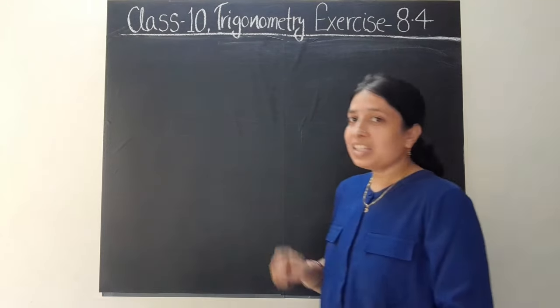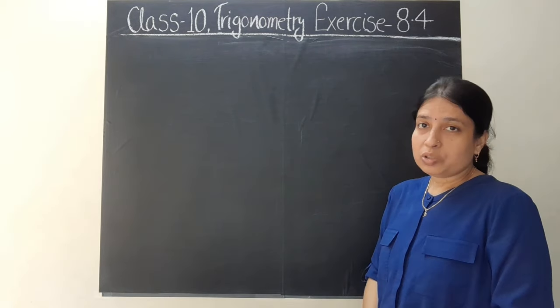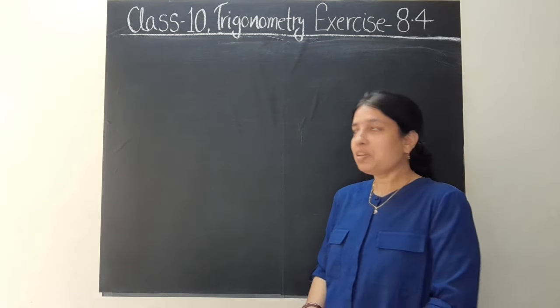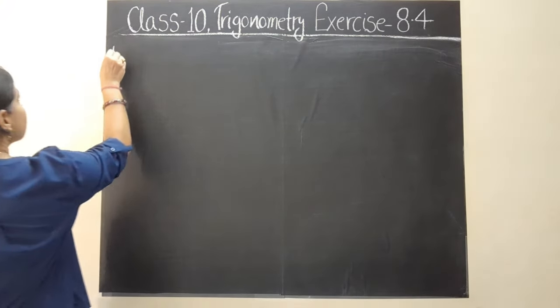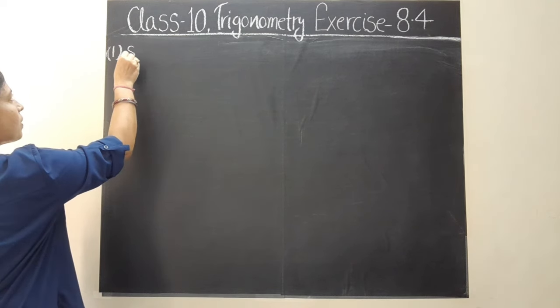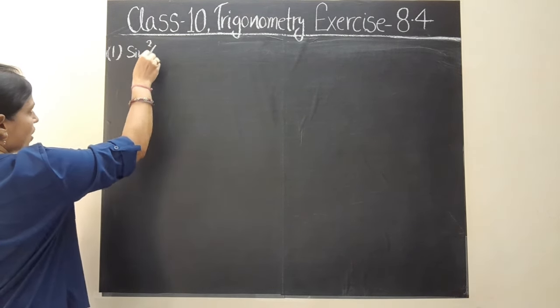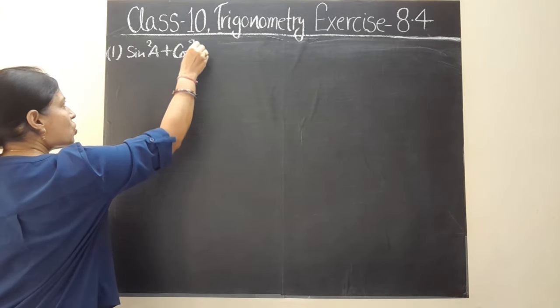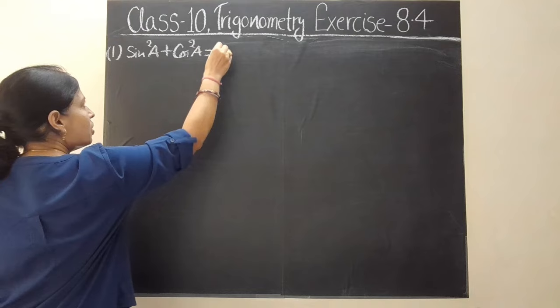Okay, so in this exercise we are going to use some trigonometric identities. So let us see them first. First one is sin square A plus cos square A is equal to 1.